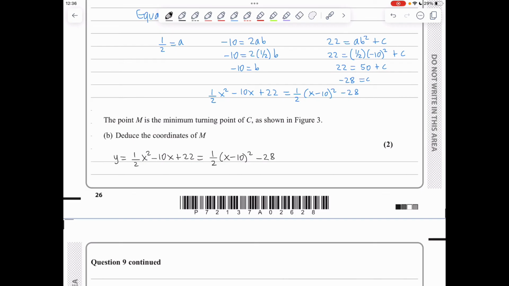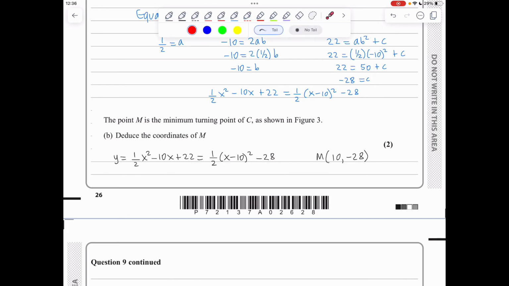We are asked to deduce the coordinates of this minimum point, and we know that this minimum point is attained when the bracket becomes 0, so when x is 10, in which case y will be negative 28. So the point M will have coordinates (10, negative 28).